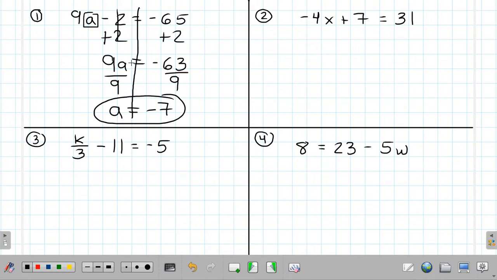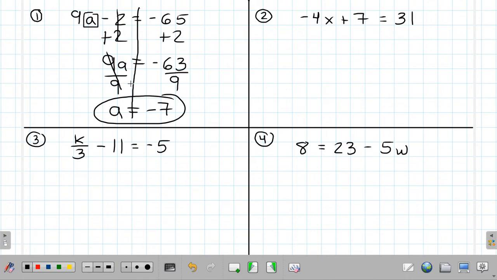Okay. Now, how did I know to do the addition before I did the division? Well, the equation told me. Because once again, if I plugged in a number for a, what am I doing to a? I'm multiplying times 9, then I'm subtracting 2. So working backwards and doing the opposite, that means I need to add 2, which was the first step.